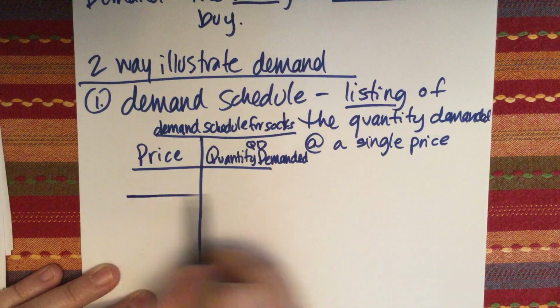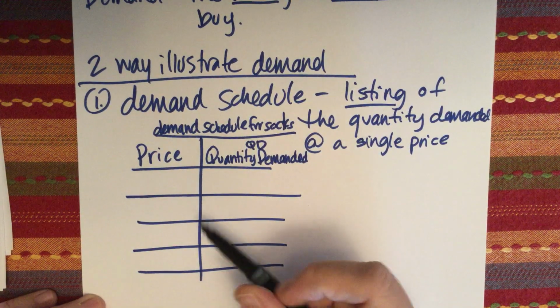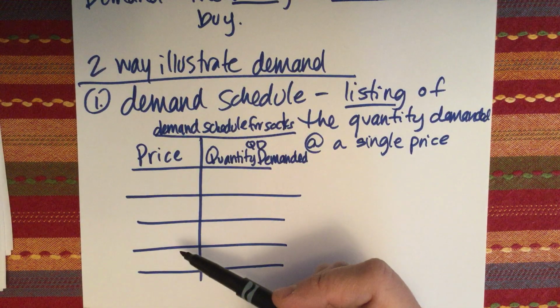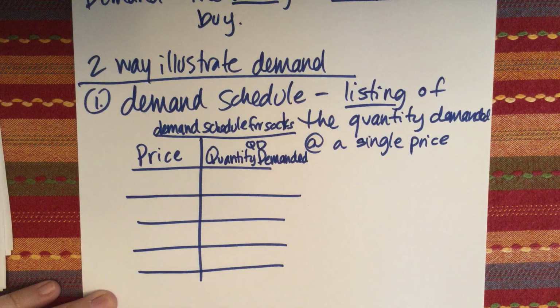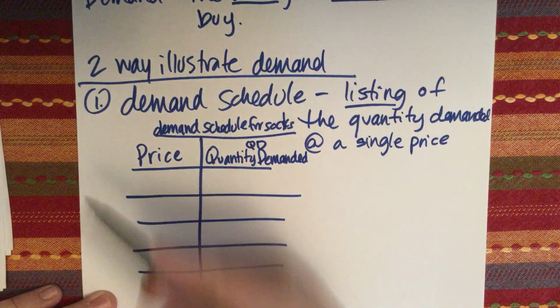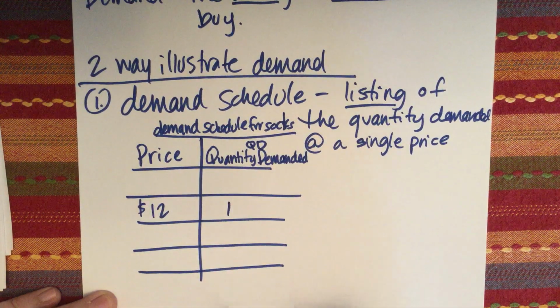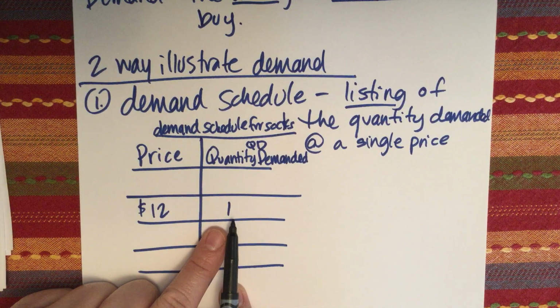Typically you'll see about 4 or 5 points on this demand schedule. So let's say, for example, we had determined that the highest price that we would pay for a pair of socks on our meeting was $12. So at $12, this shows that the quantity that we demand at that price is 1.